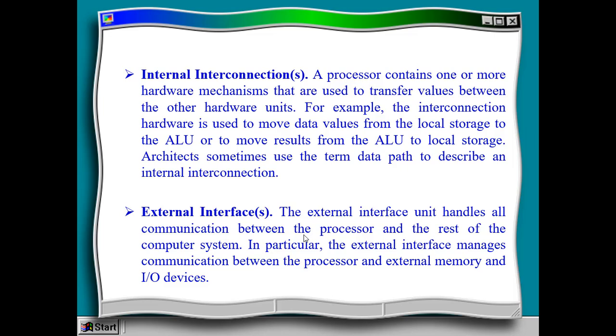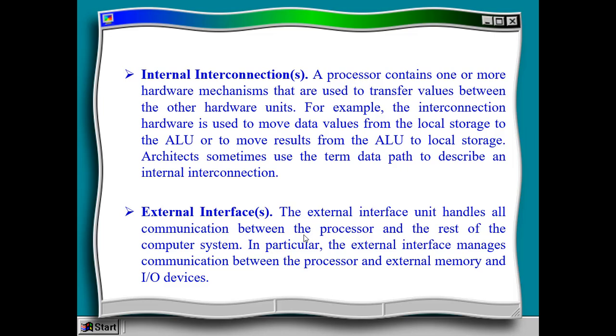For example, the interconnection of hardware is used to move data values from local storage to the arithmetic logic unit, or to move results from the arithmetic logic unit to the local storage. Architects or users sometimes use the term data path to describe the internal connection. So sometimes you might say we are talking about the data path as the internal connection.